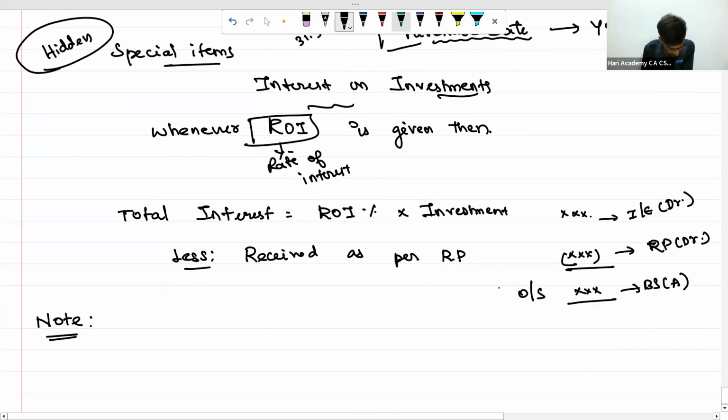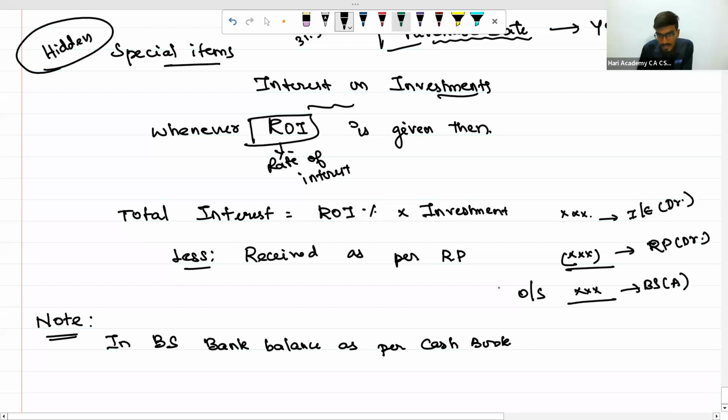In the balance sheet, bank balance as per cash book is considered. Even if they have given any specific adjustment for banking transactions, you will only take the bank balance as per cash book.